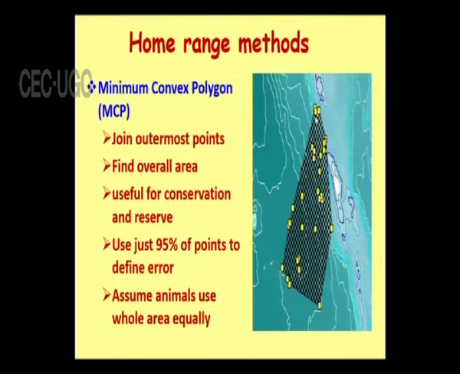The area covered by this polygon is useful for conservation and reserves, and we use just 95% of points to define error, because there may be some error, and therefore, plus or minus 95% we have to accept, and we are assuming that the animals are using the whole area equally.